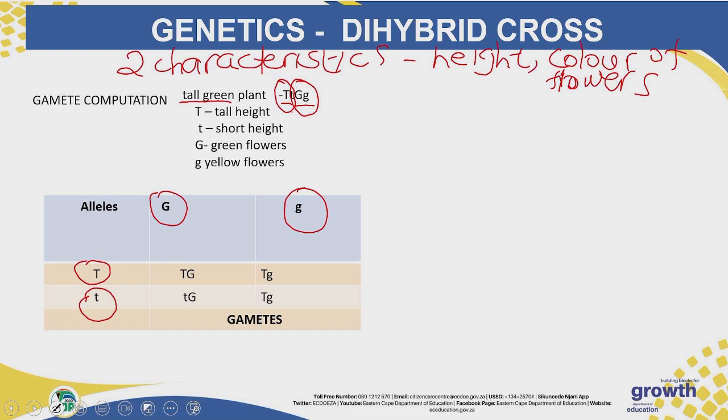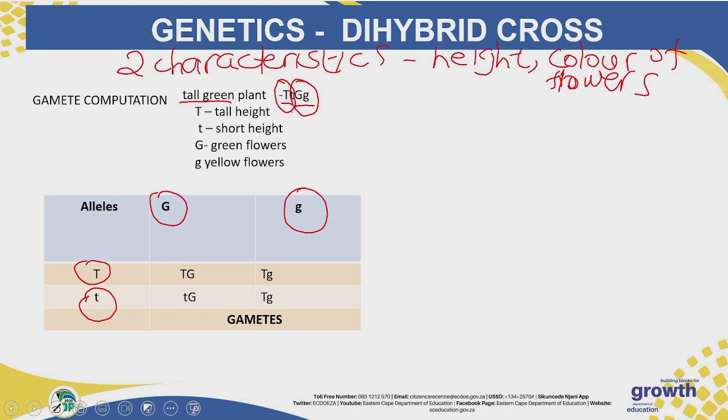So when we use a Punnett square to do the computation there, because our characteristic that we started with was the height and then the color, when we compute the gametes, we are always going to start with the letters representing the height and then the letters representing the color of the flowers.